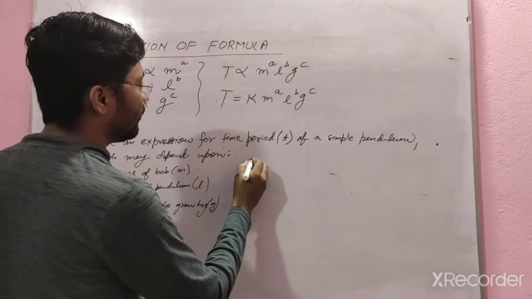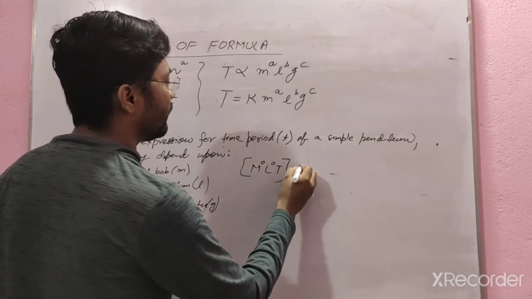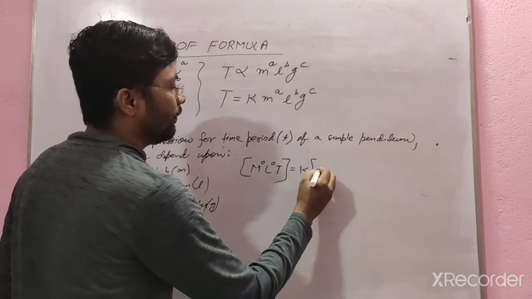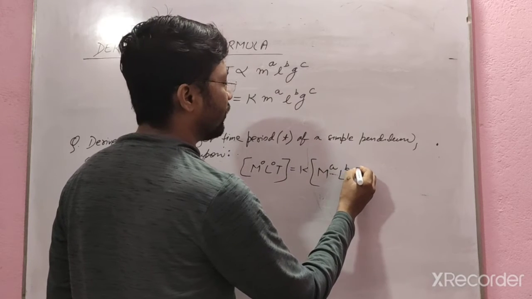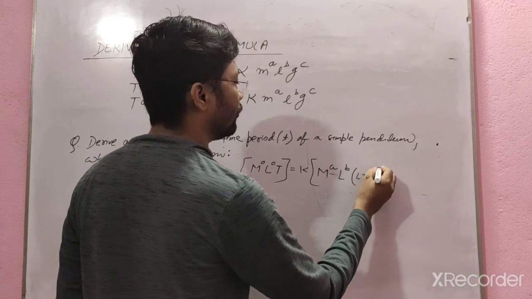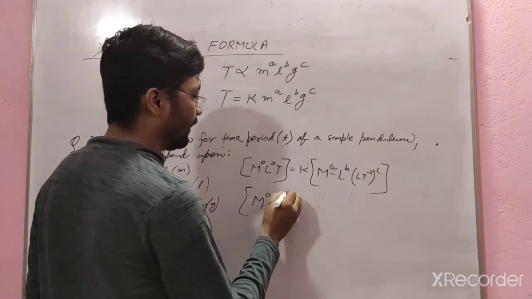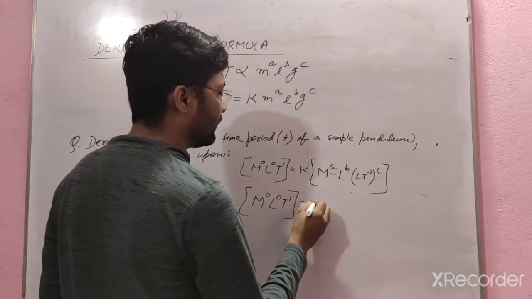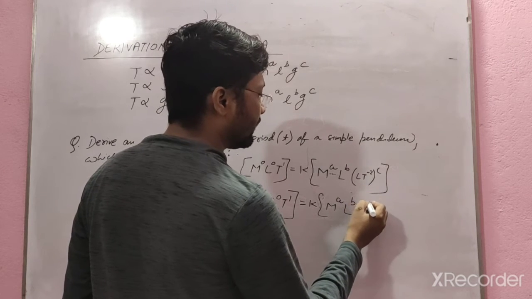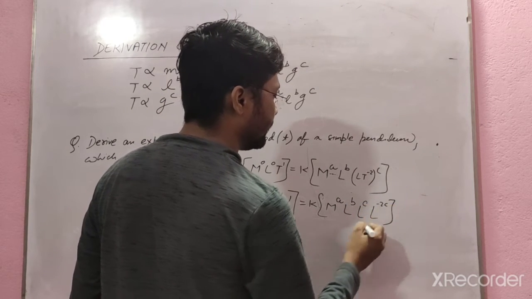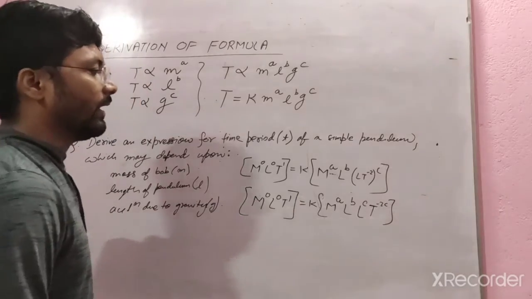Now students, the dimension of T is M to the power 0, L to the power 0, T equals k, m to the power a, L to the power b, and the dimension of gravity is L T to the power minus 2, to the power c. So M to the power 0, L to the power 0, T to the power 1 equals k, m to the power a, L to the power b, L to the power c, T to the power minus 2c.